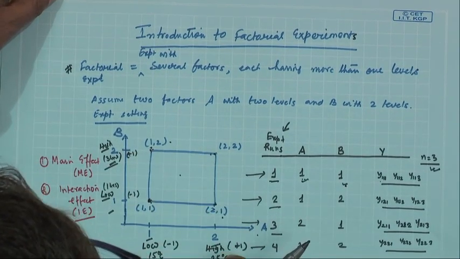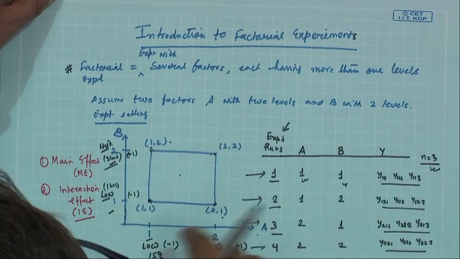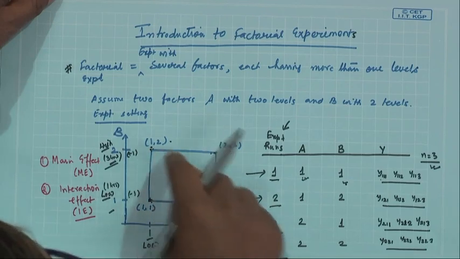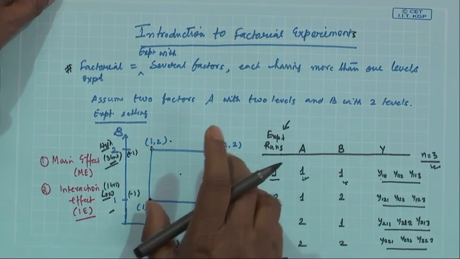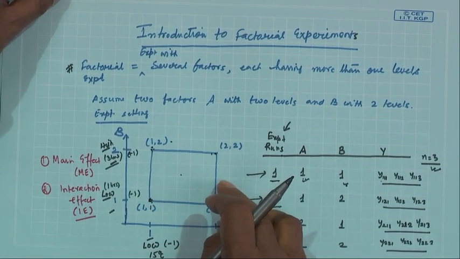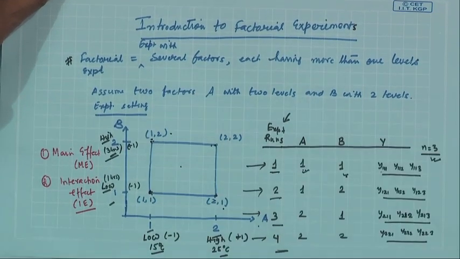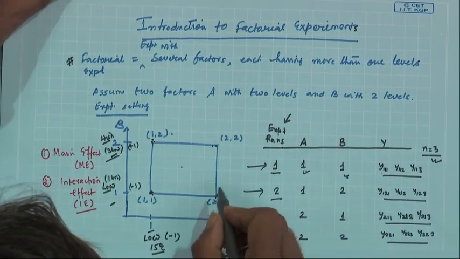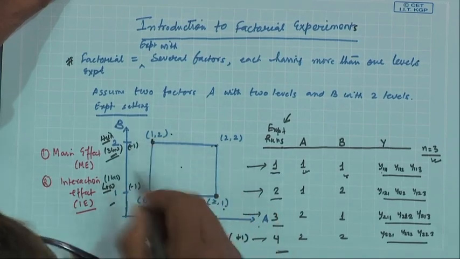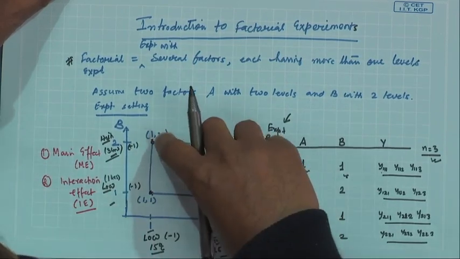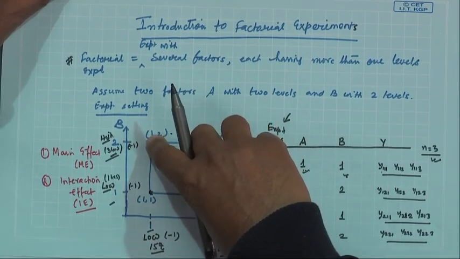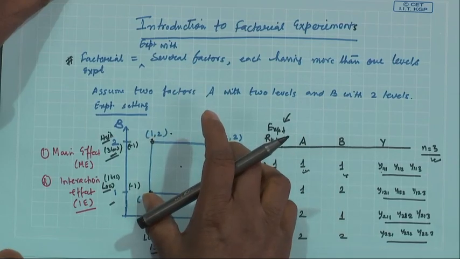When A is at low level, B will be at high level, B at low, A will be at high level. Then what is the average change in mean responses when the factors are kept at the same level with respect to the factors at different levels? That means the observation here and here will be averaged, and observation here and here also will be averaged. So, the average of y, this minus this, will give you the interaction effect.